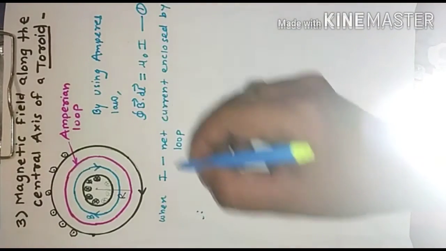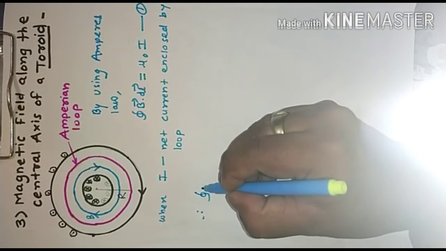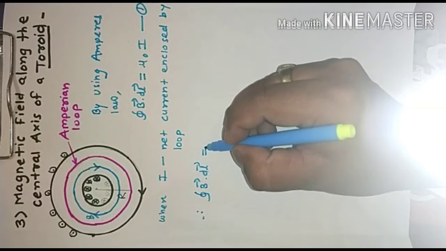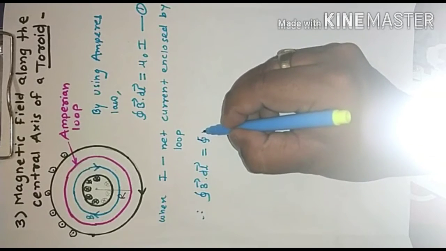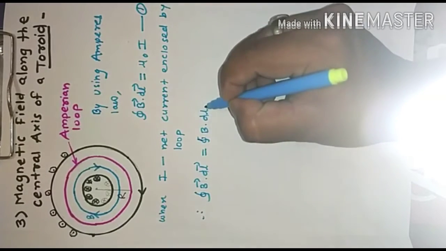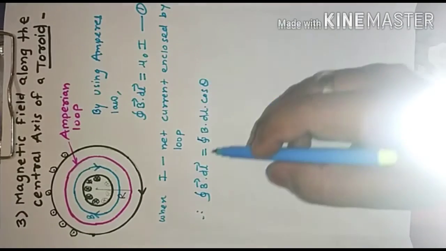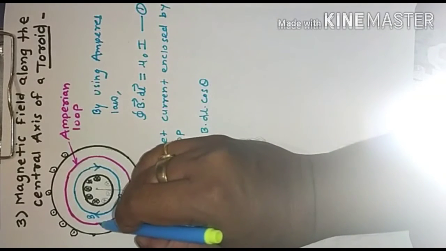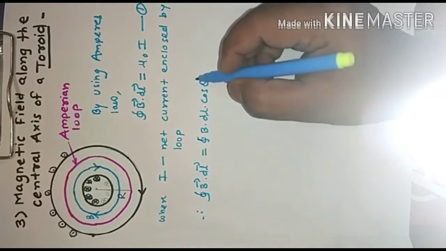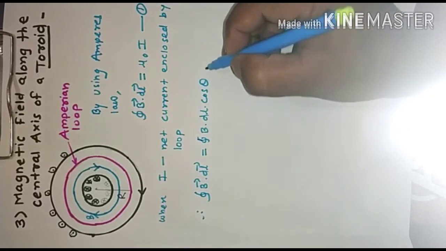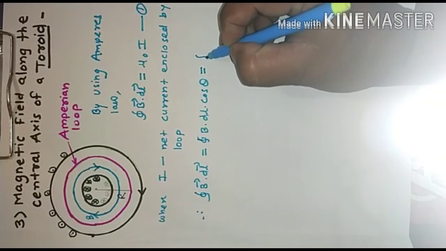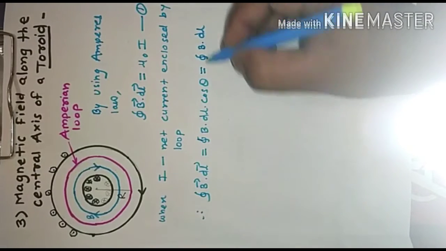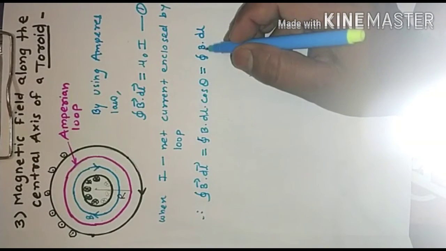Therefore, the closed integration over vector B dot vector dl is equal to the closed integration over B dl cos theta. Here the direction of the magnetic field and the small element dl of the Amperian loop are in the same direction. Therefore angle theta will become 0, and this becomes the closed integration over B dl as cos 0 is equal to 1.